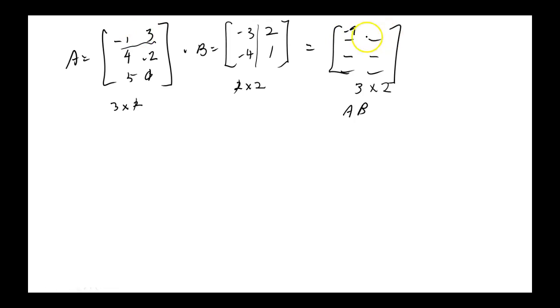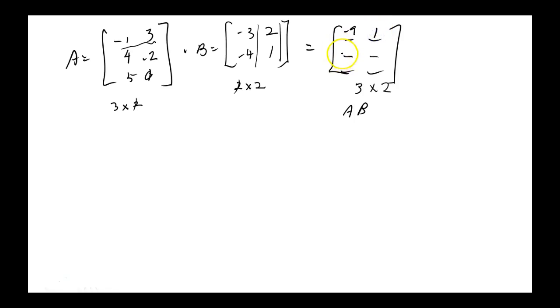Okay? The next entry here is the 1, 2 entry. So you take the first row of A again, but this time by the second column of B. That would be -2 plus 3 is 1.